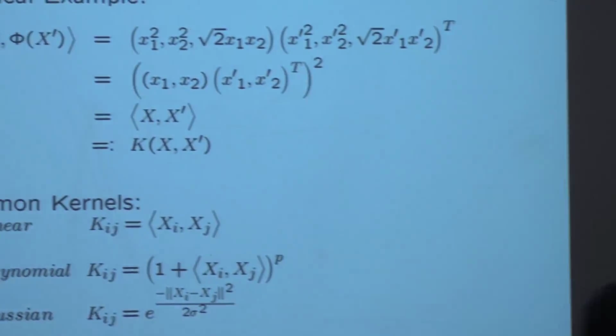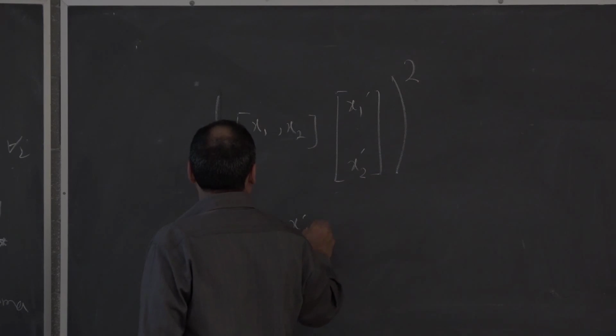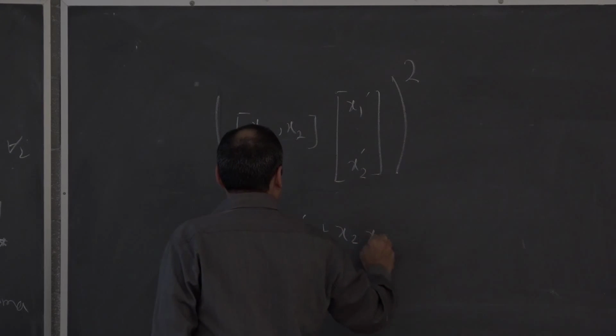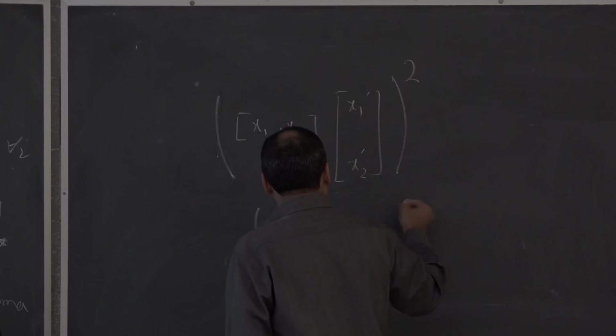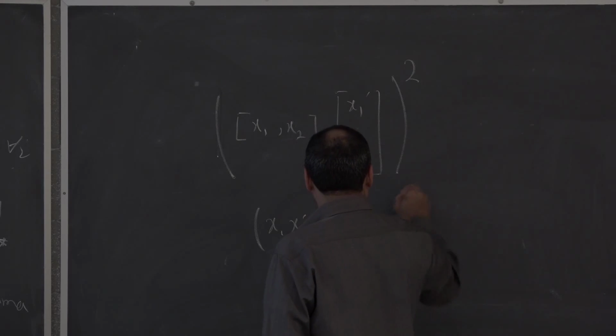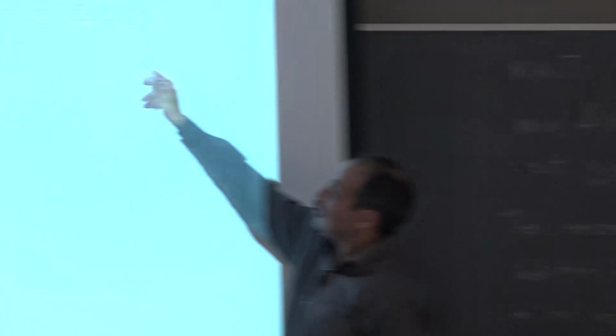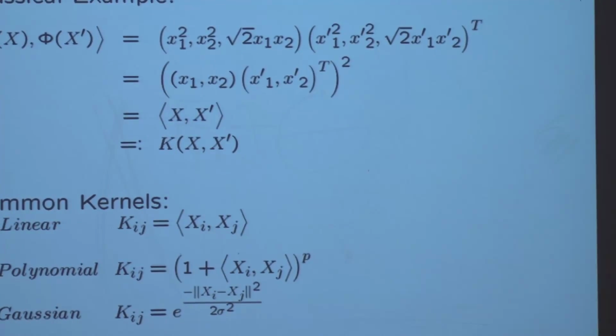Okay, this is this line. That's going to be x1 x1 prime plus x2 x2 prime, squared. Squared means that this inner product is a scalar, squared. Okay? And now compute this one. It's going to be the same.